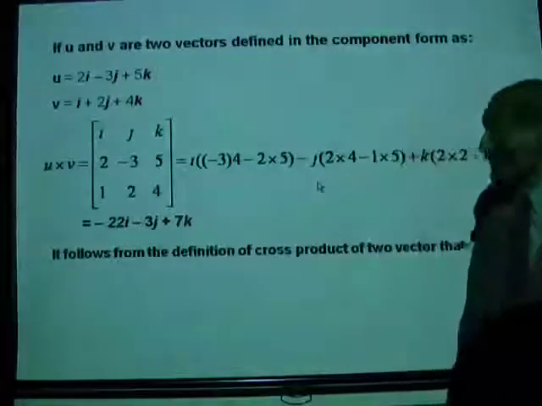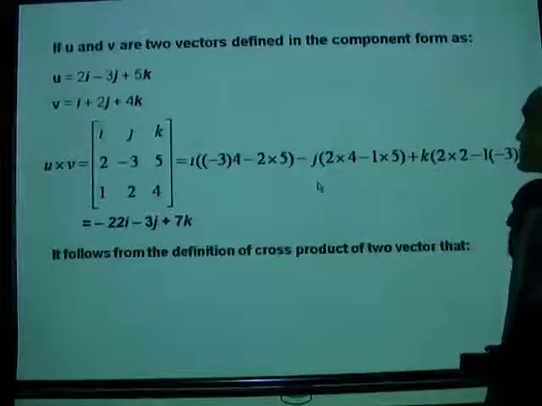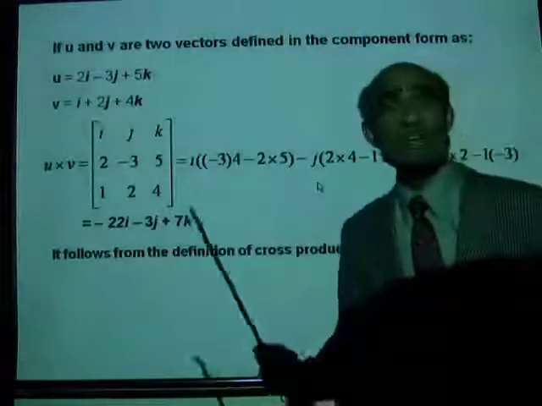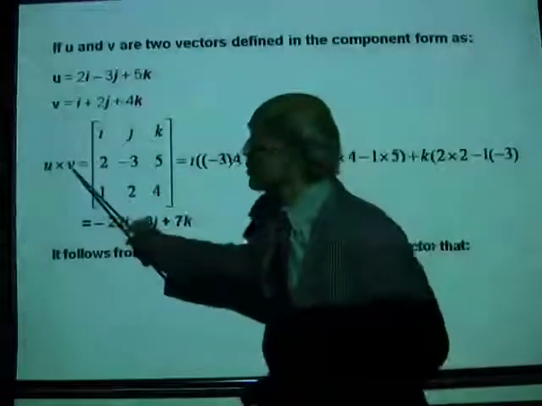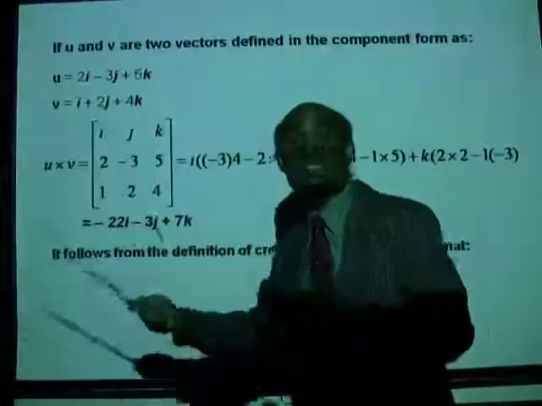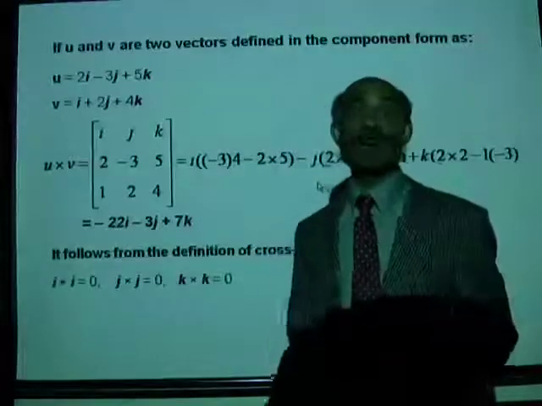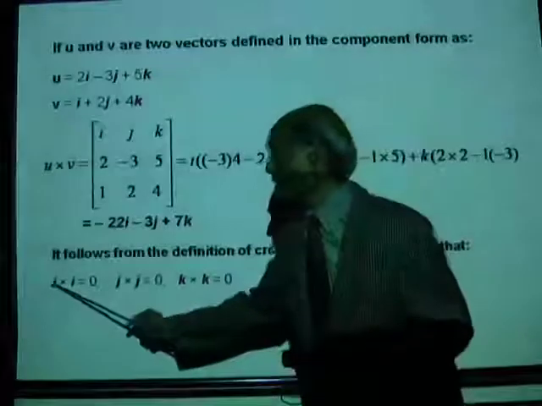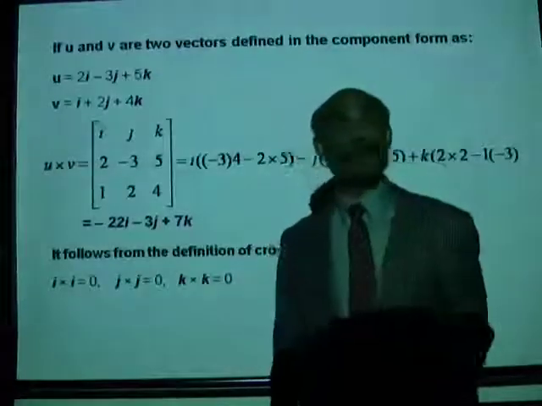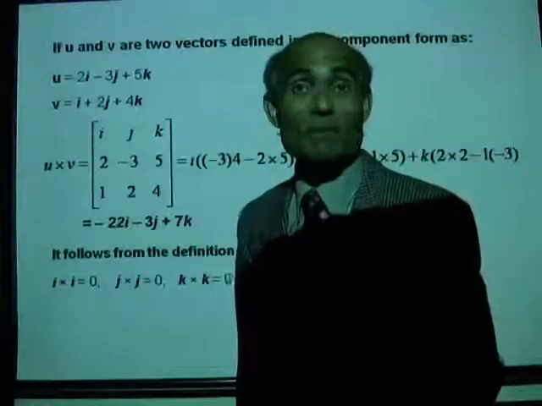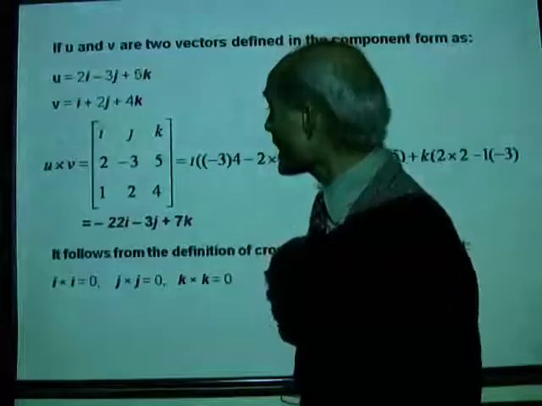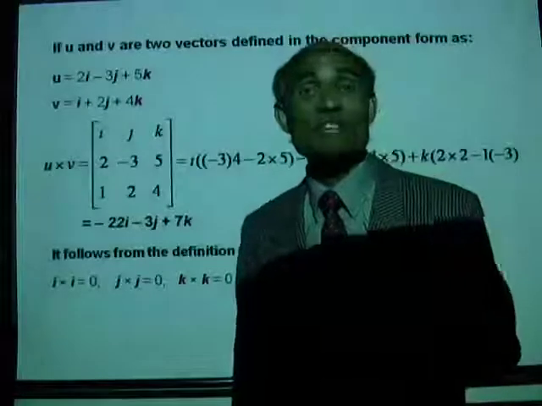Now, it follows from the definition of cross product. I'm going to give you some results now. If U cross V is negative of V cross U, then what is i cross i? Well, remember, the angle between the two vectors is 0.